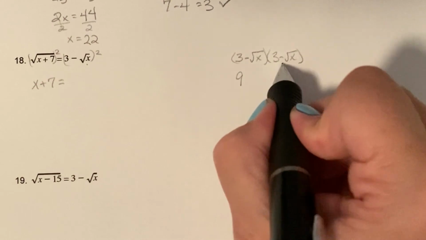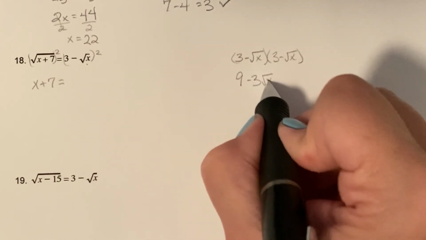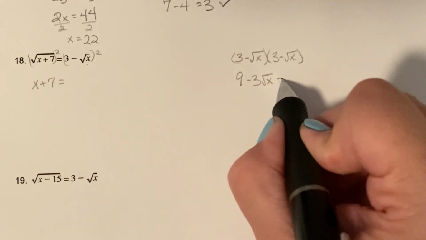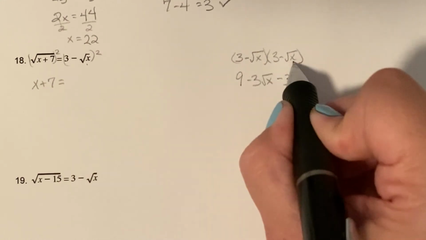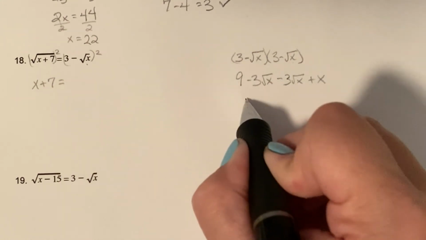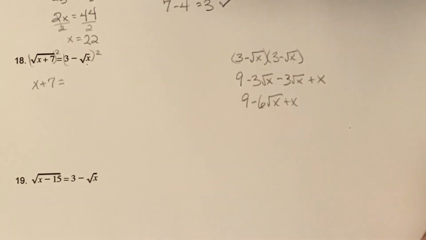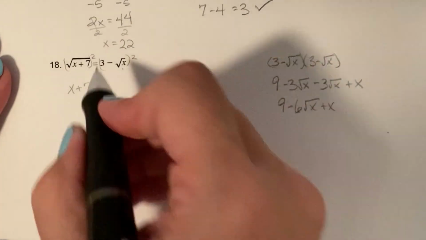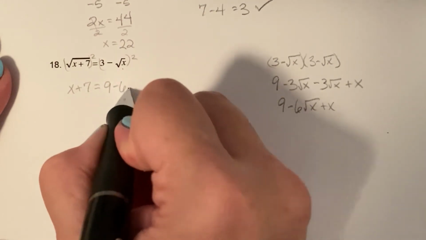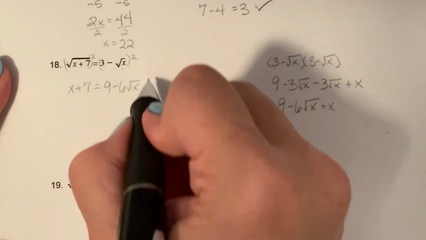First, outer, inner, and last. Combine like terms. Okay, go back over here. 9 minus 6 root x plus x.